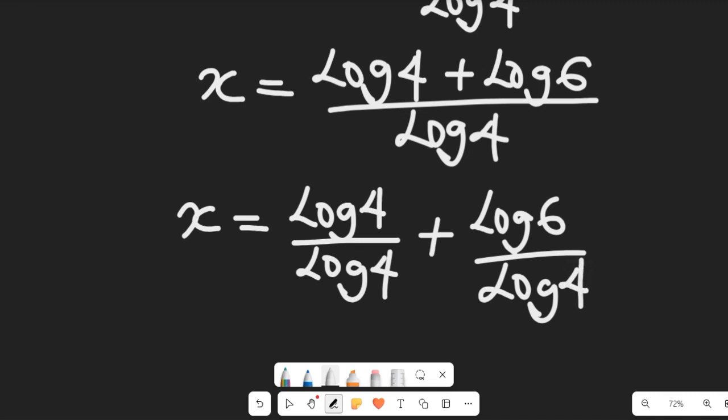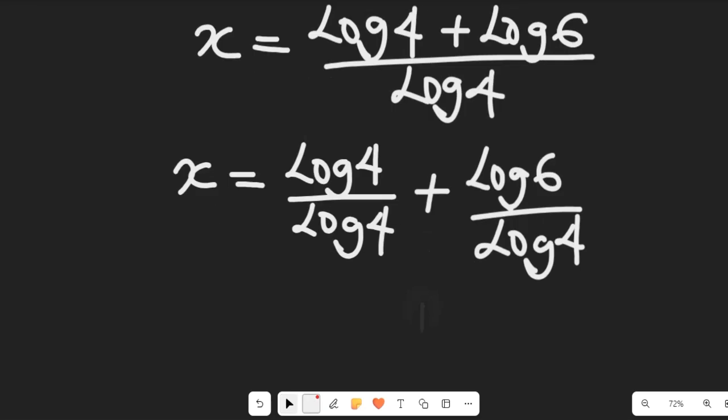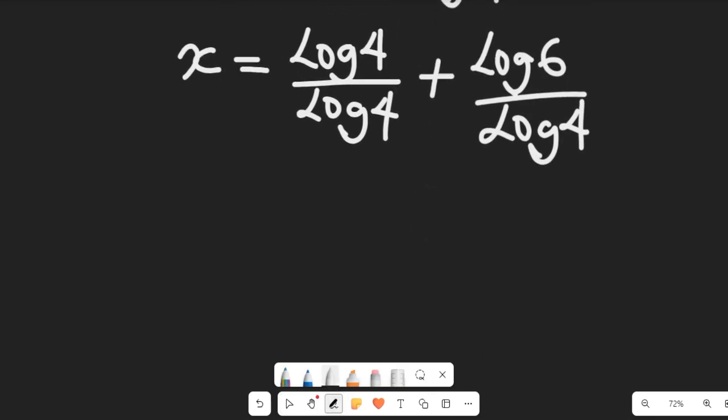Great. Now, when you look at that very well, you come to find out that in our next step, this can cancel out. Log of 4 can cancel out log of 4. Then we'll have our x to be equal to 1 plus. What do we have?